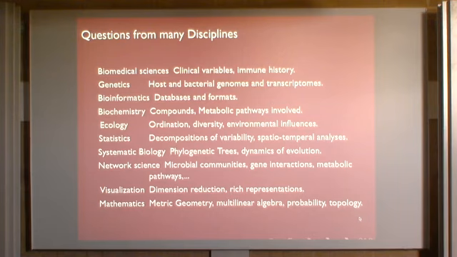And then people coming in from biostatistics and clinical statistics and clinical studies, they just want to do a test and have a p-value, and they want to do a clinical trial whether this type of treatment is having an effect on this species or not. So it's very varied in perspective.